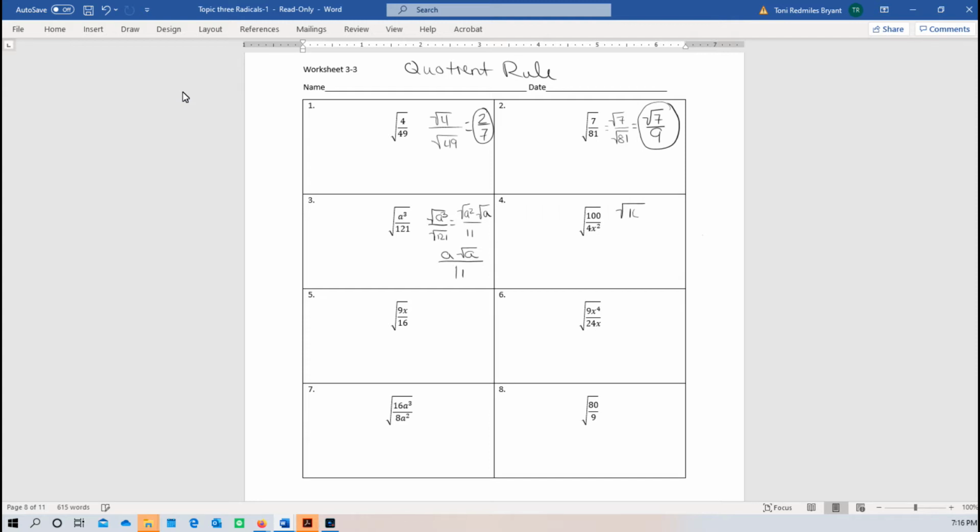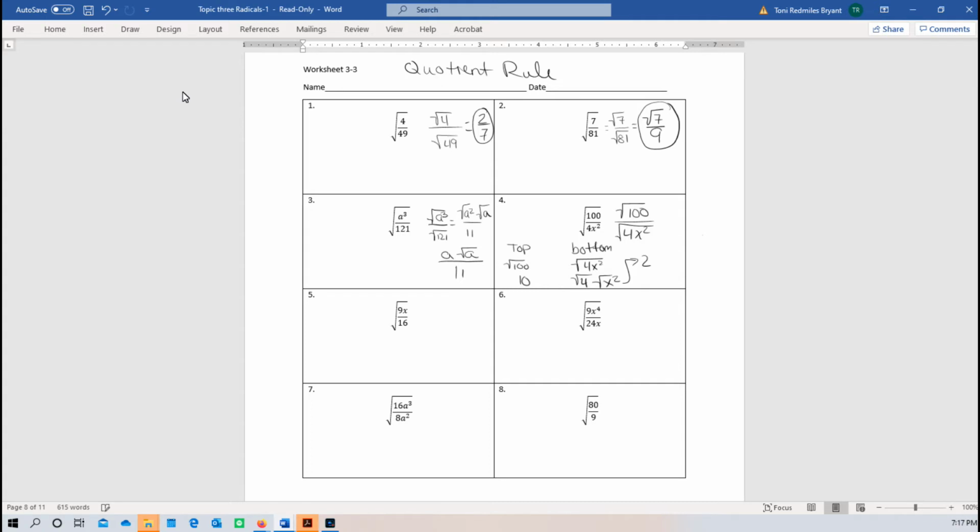Again, I can break this up into top and bottom. And for this one, because there's a lot going on, I'm going to do the top and then do the bottom. The square root of 100, we should know that it's 10. On the bottom, though, we have two different things that we are breaking up. So we're going to have to break it up into root 4 and root x squared. Root 4 is pretty easy. It's 2.